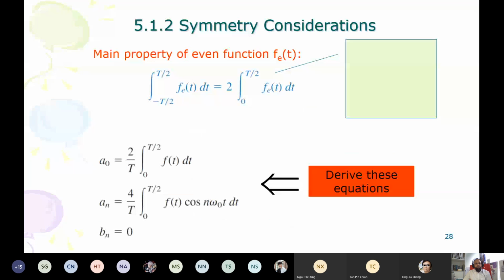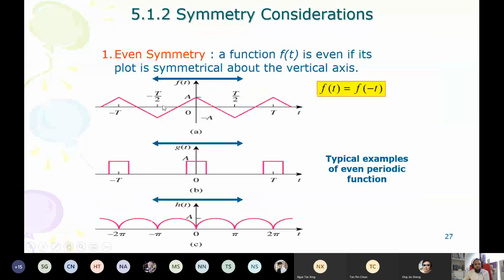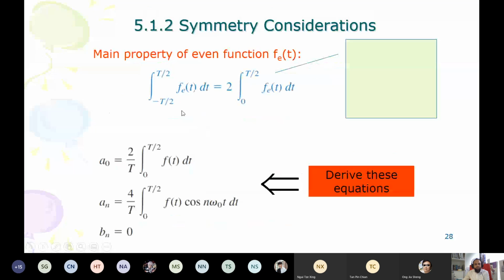Whenever we have an even function, from minus T by 2 to T by 2, the integral from 0 to T by 2 will be equal to the one from minus T by 2 to 0. We have seen this here. So 0 to T by 2 and 0 to minus T by 2 are the same. This means we don't need to integrate for the entire time period.